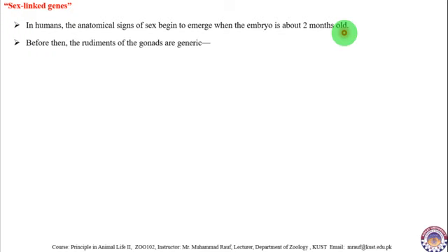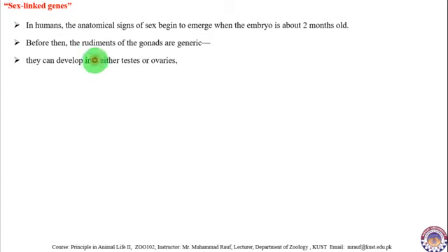So before the 2 months of age of the developing fetus, the rudiments of the gonads are generic, meaning they have the ability to develop both into testes or ovaries.